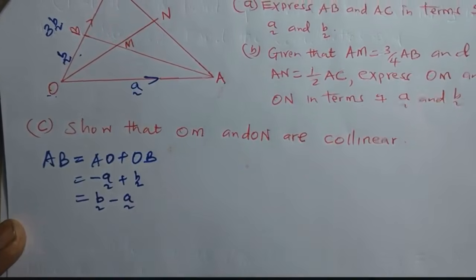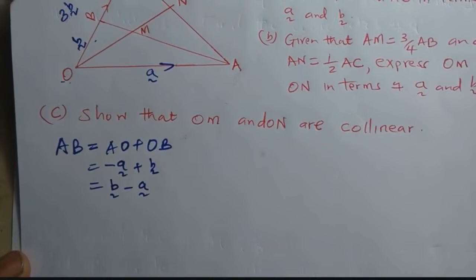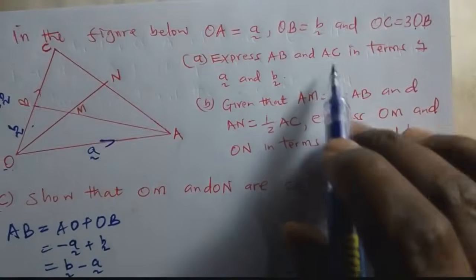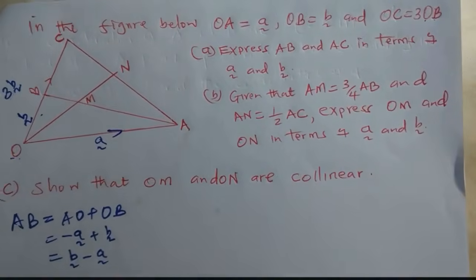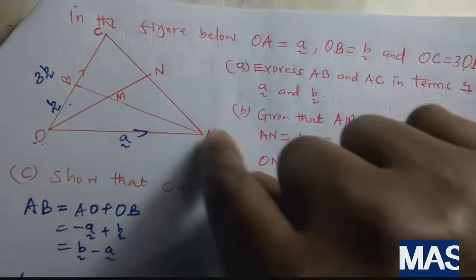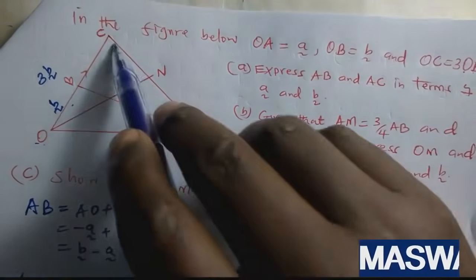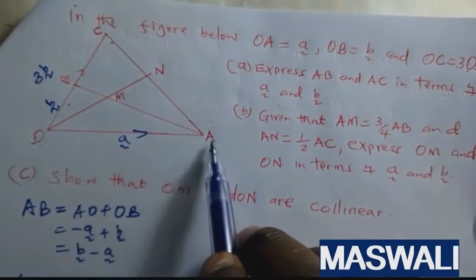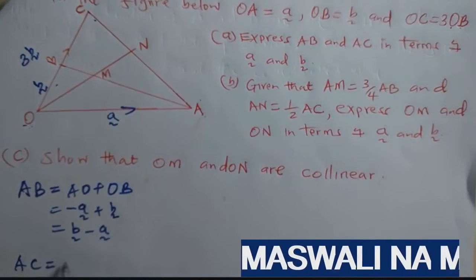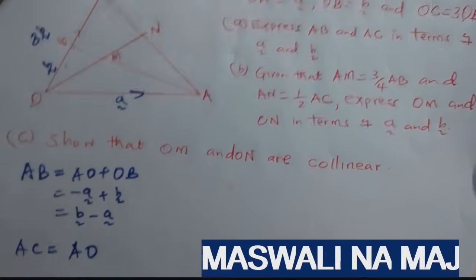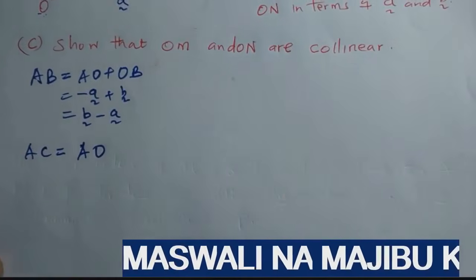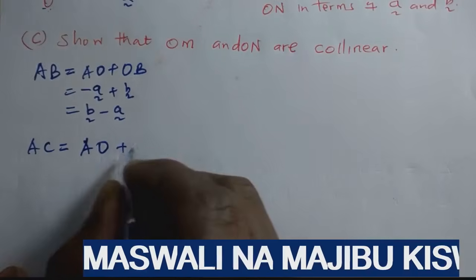That is vector AB. Now the next one is vector AC. How do we get AC? AC is equal to AO plus OC.